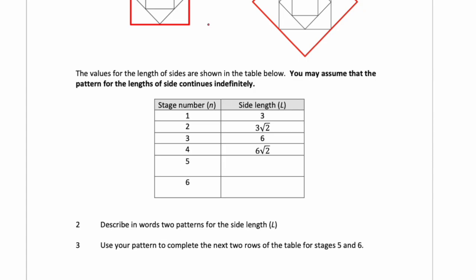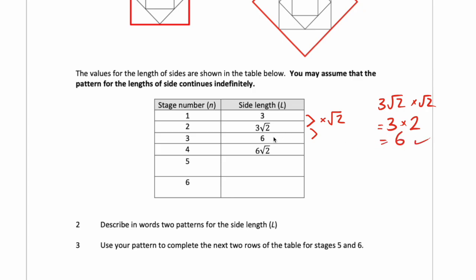So if we take a look at what's happening here, you cannot add anything to get from 3 to 3 root 2. So this looks like it could be multiply by root 2. So we'll just check it here. If we've got 3 root 2 times root 2, it is 3 times, now root 2 times root 2 is just 2, the roots cancel.